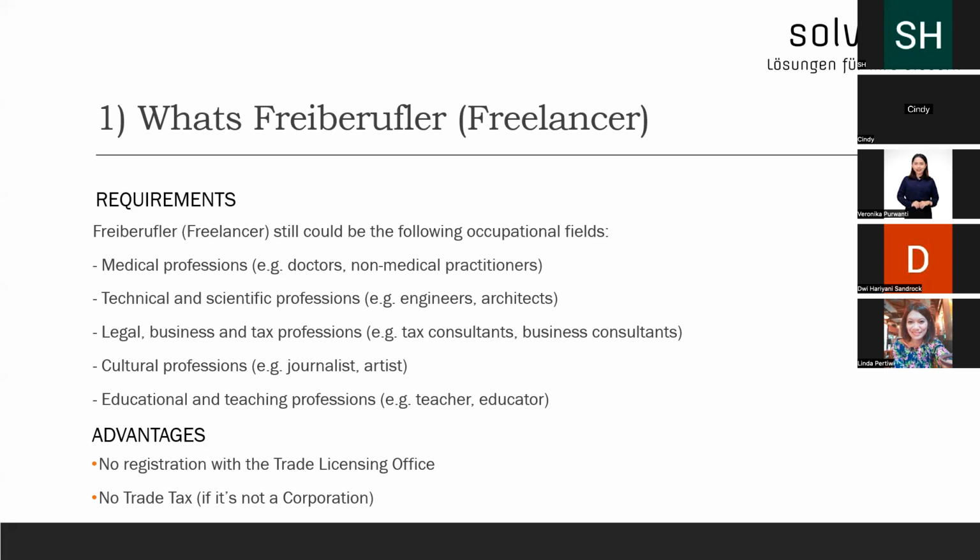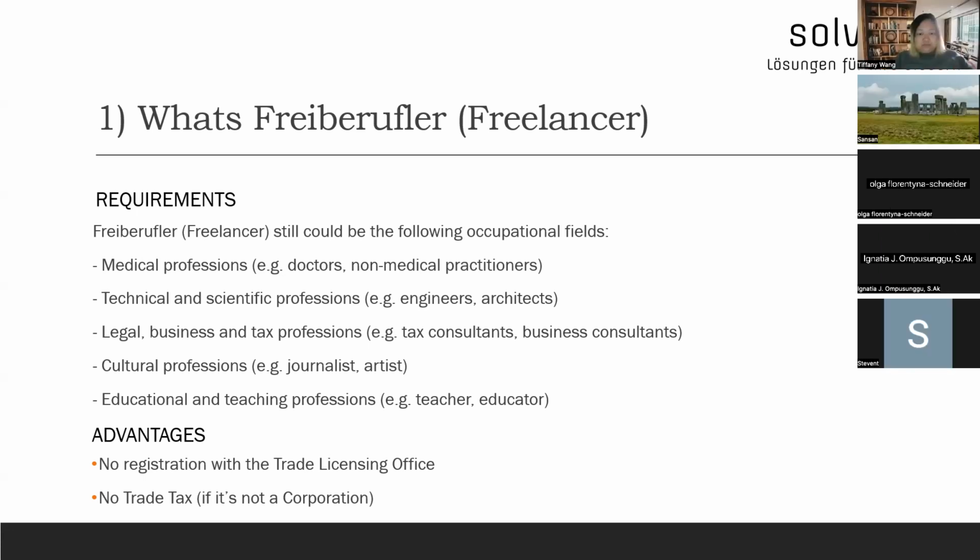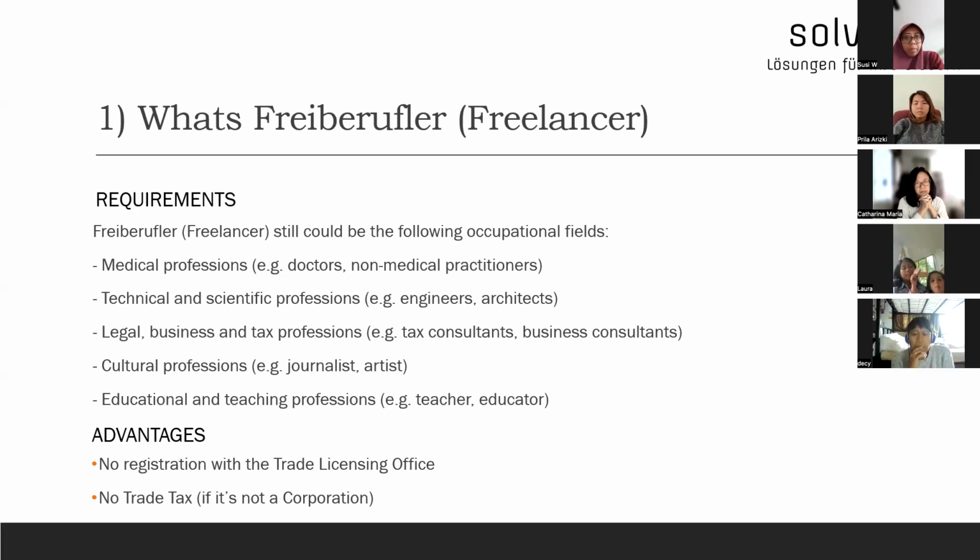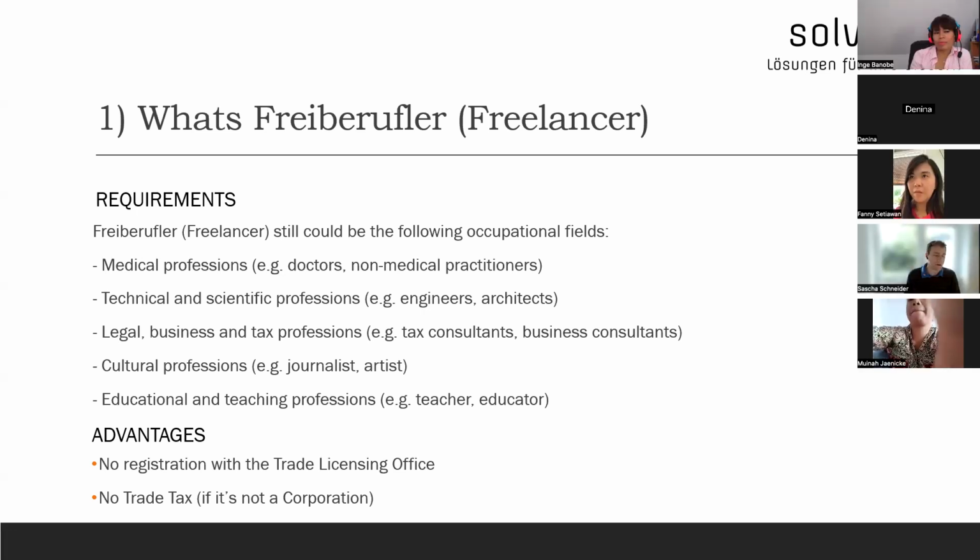The same for the professionals, the engineers, for example, or like me, if you make some advisory or consultant business, then it would be a Freiberufler too, of course. And if you make some cultural stuff like artists or journalists, then same. And the last part would be the education part. If you're a teacher or educator, then you would count as a Freiberufler for the German authorities as well.